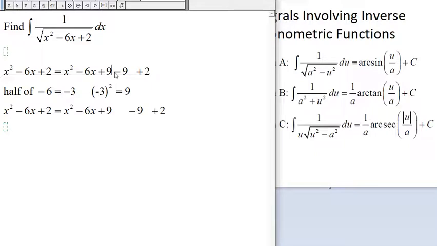And what this does is it allows us to factor this part right here. So x squared minus 6x plus 9, and the factors are x minus 3, x minus 3. And then negative 9 plus 2 would be minus 7.